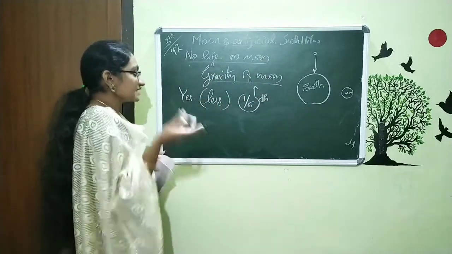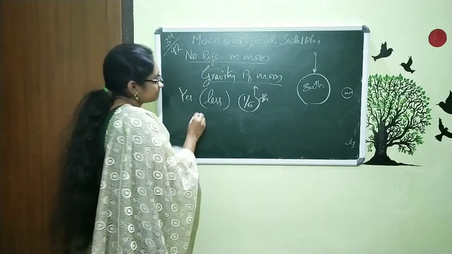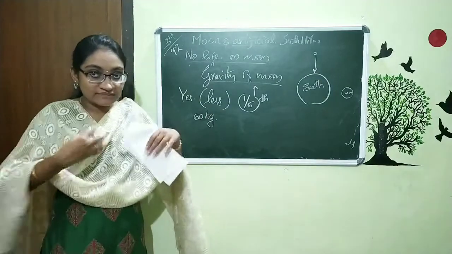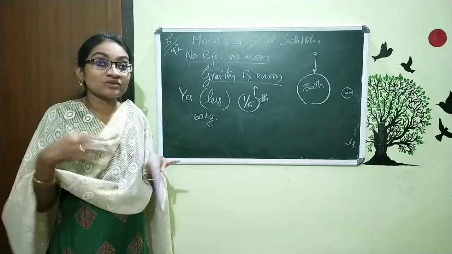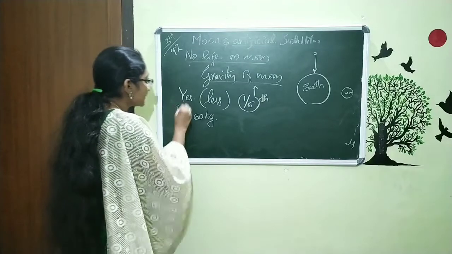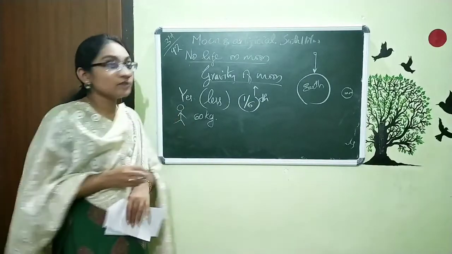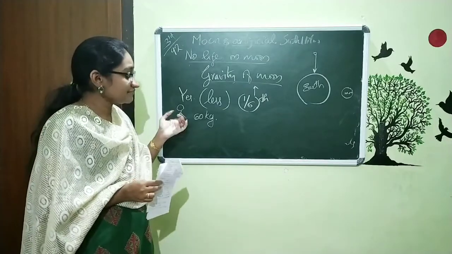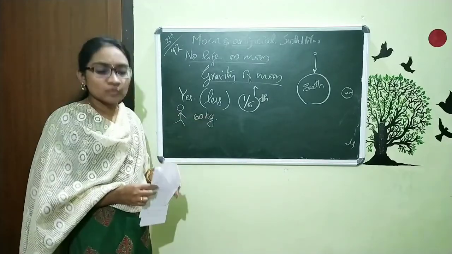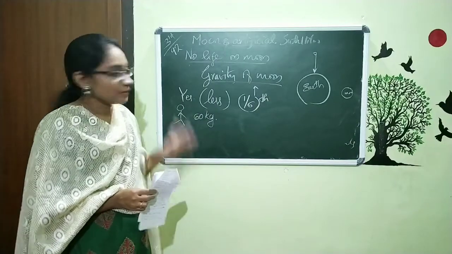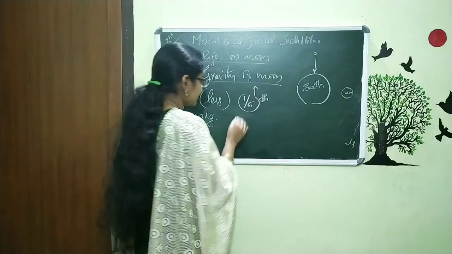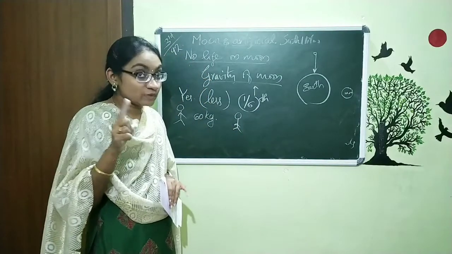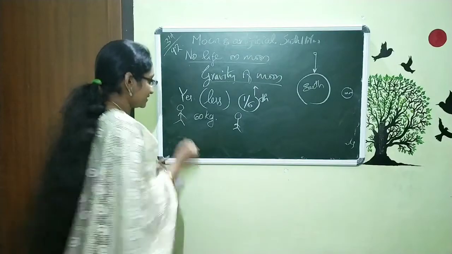So suppose one person has 60 kilogram. This kilogram we are saying about our weight, and that actually depends upon the gravity. So one person has 60 kilogram on earth. Then does the person have the same 60 kilogram on the moon? No. When we calculate the weight, I am talking about weight, I am not talking about mass.